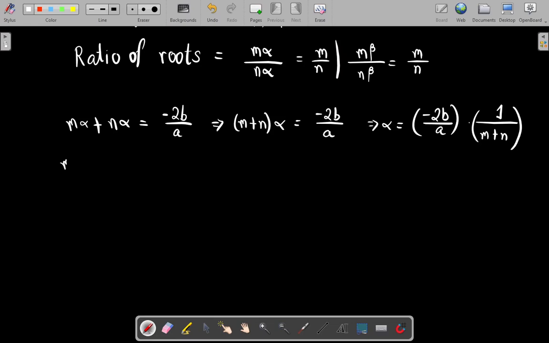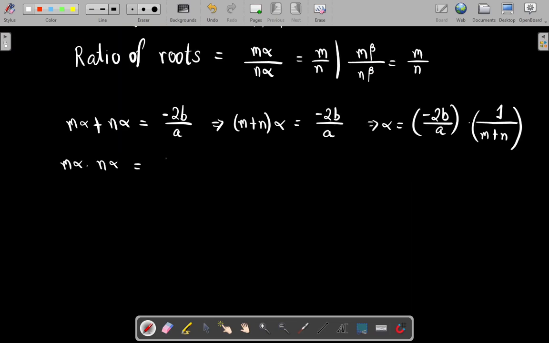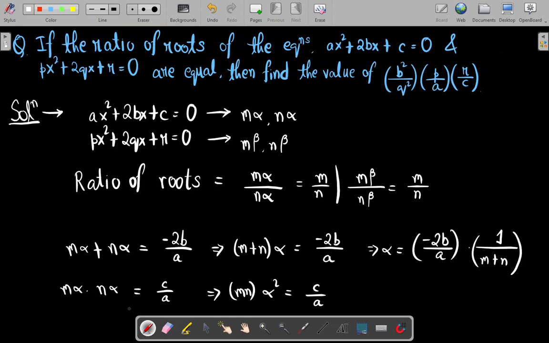Now let us find the product of roots, mα times nα. This is given by the constant term upon the coefficient of x square, that is c upon a. So this will become mn times α² is equal to c upon a. This is for the first equation.